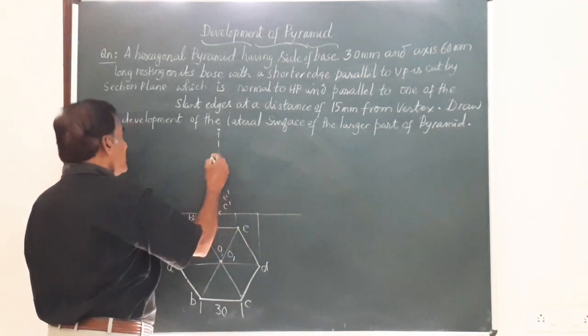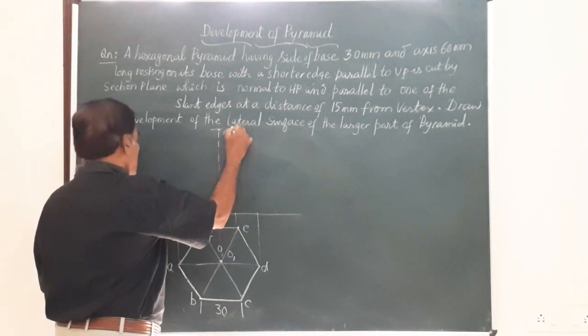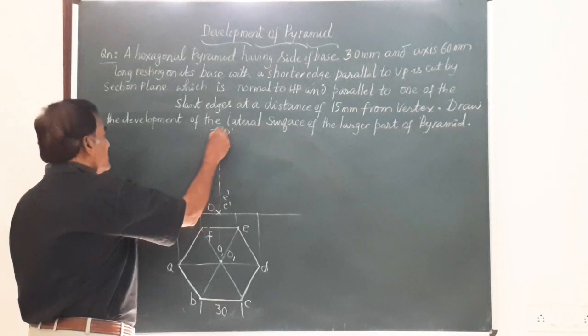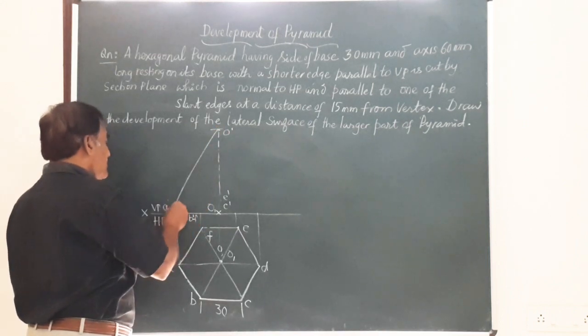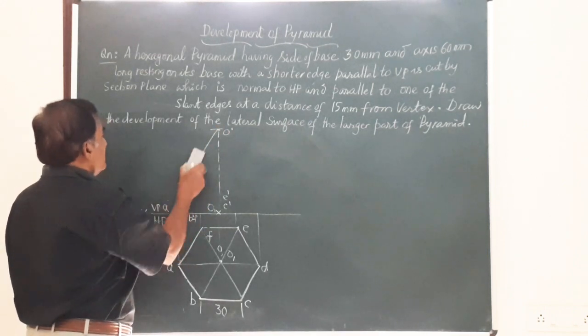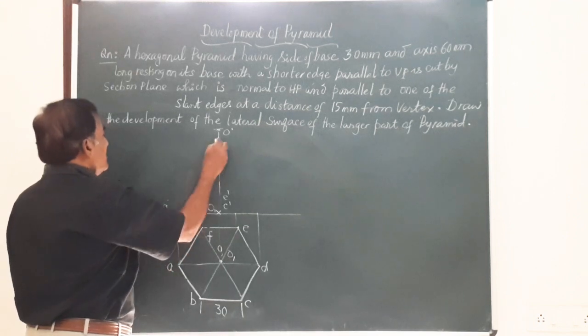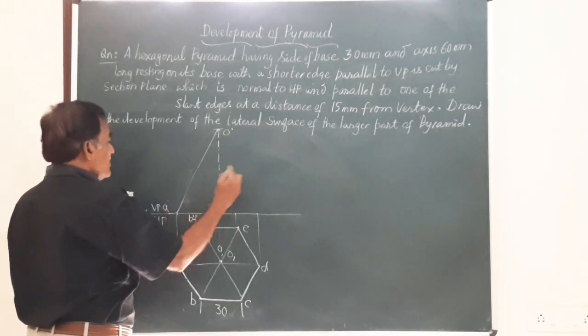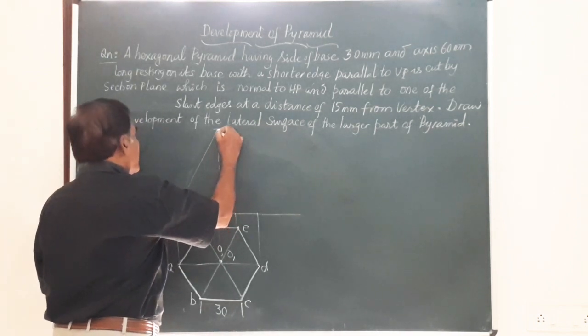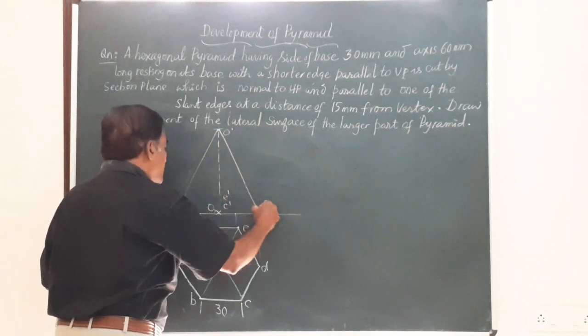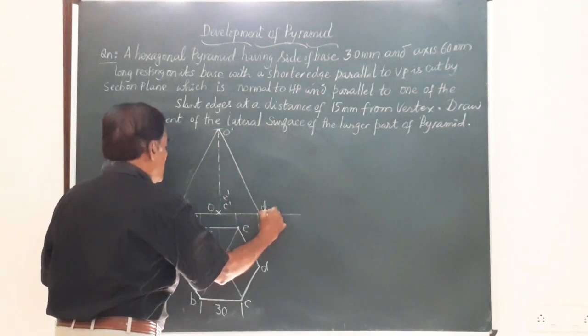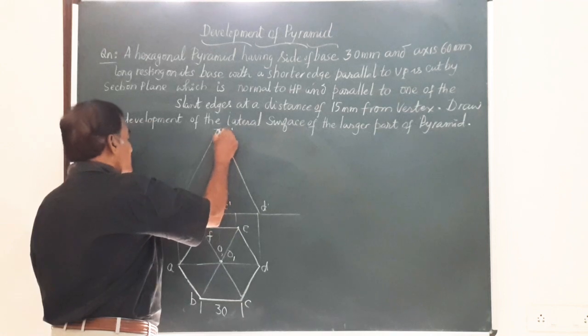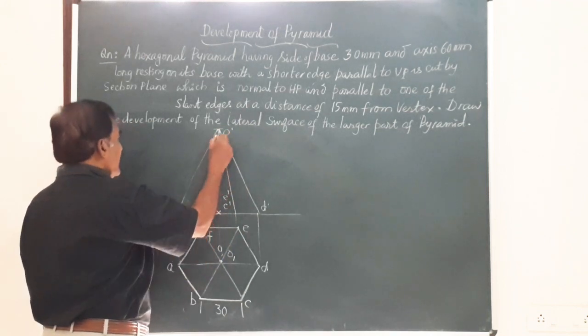So let me join this vertex O dash to all the corners of the base. Join O dash A dash, O dash D dash, O dash C dash, O dash E dash.